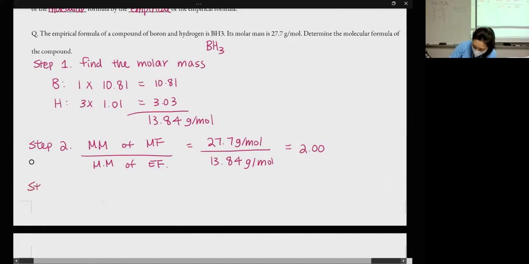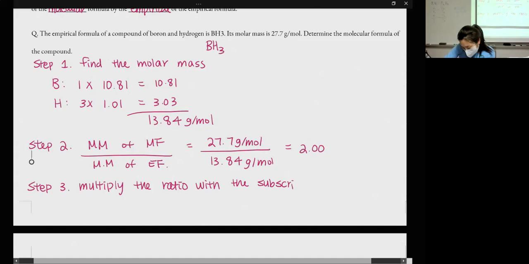Step 3, multiply the ratio with the subscripts.